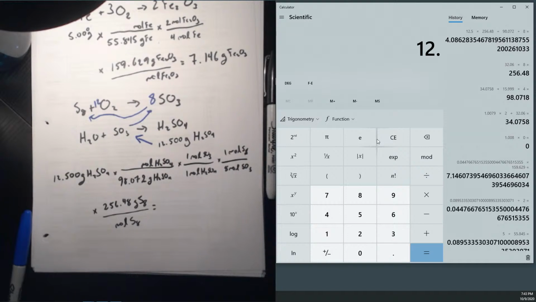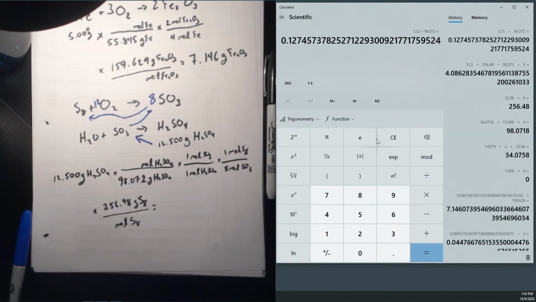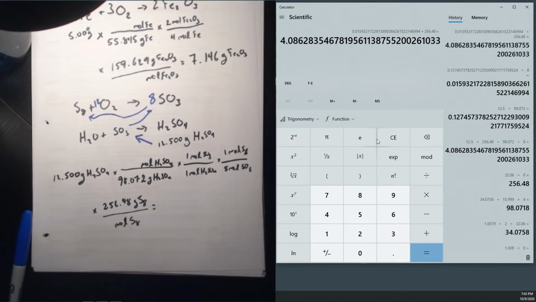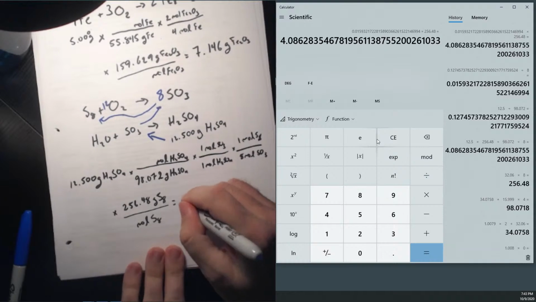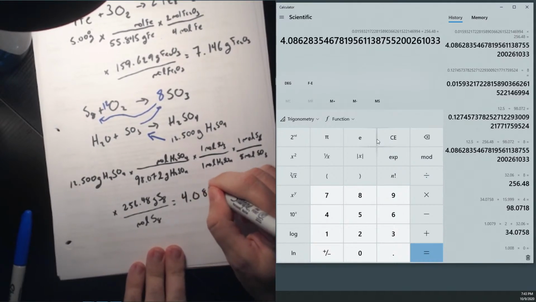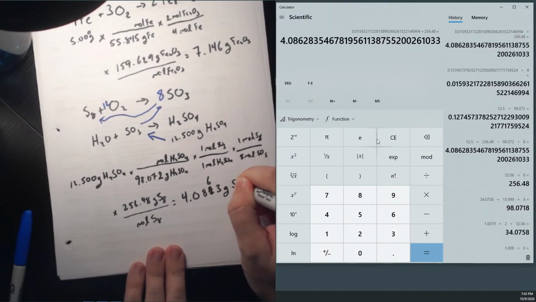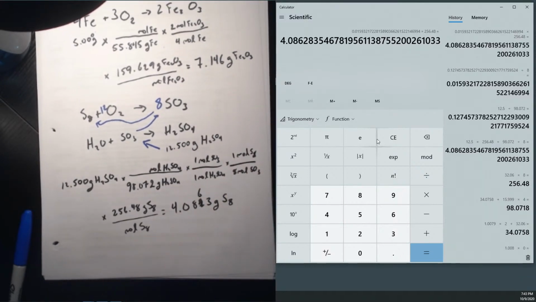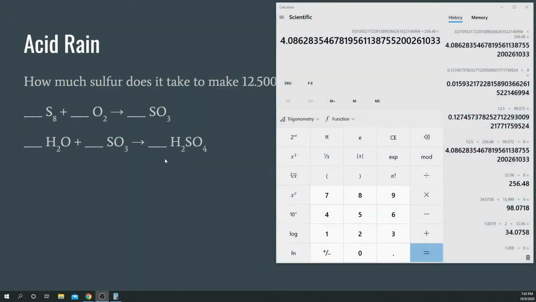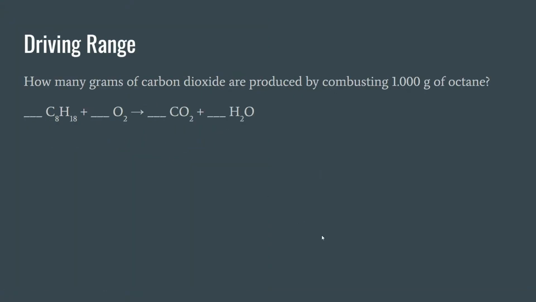So let's try that again. 12.5 divided by 98.072 divided by 8 times 256.48. Yeah, wow, okay. So the answer is 4.082863 grams of sulfur. All right. So these things get pretty formulaic after a while. Next up, driving range.